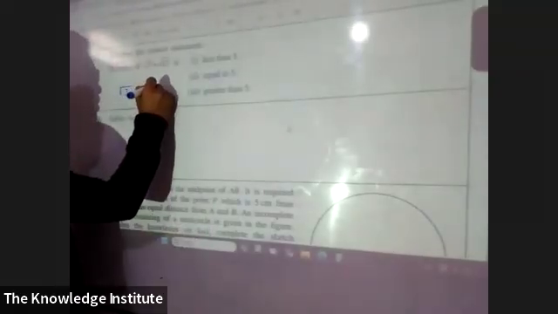Okay, so here what is the value of square root of 3? If I'm correct, not sure, 1.732. Check.